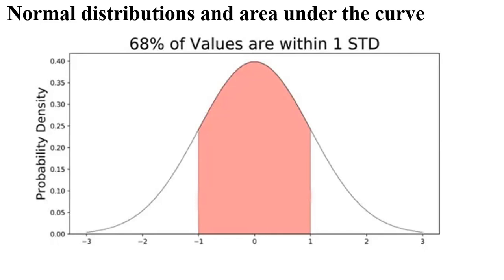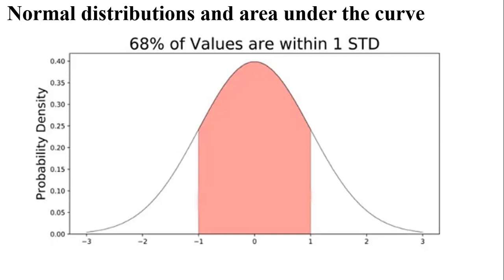So all the values that lie between 1 standard deviation to the right and 1 standard deviation to the left will occupy 68% of that area.